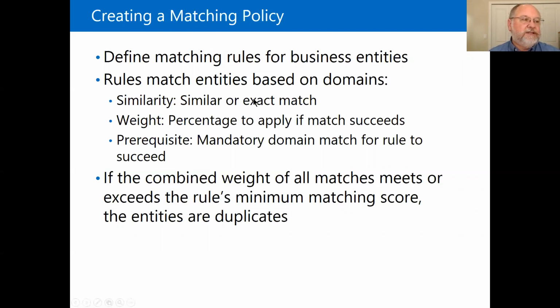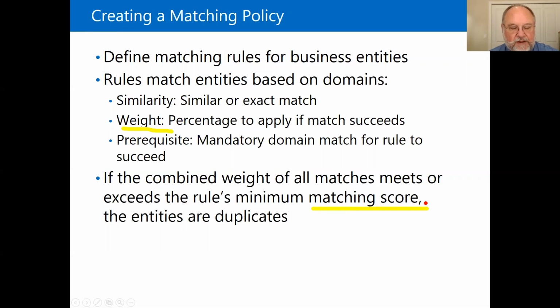Then as it runs through, it's going to look at these rules that you set up for each domain, analyze all those domains, come up with the records, and add up all the weights from this portion right here. Then it compares that to what we set as a matching score.